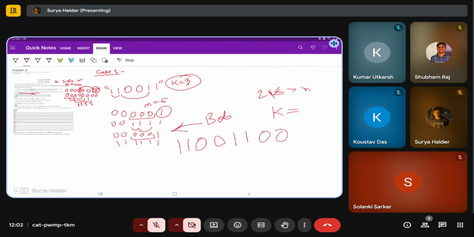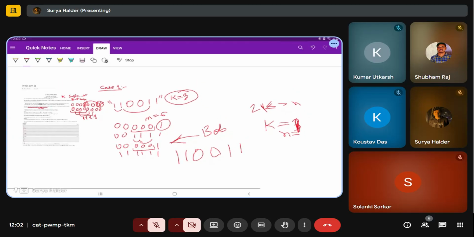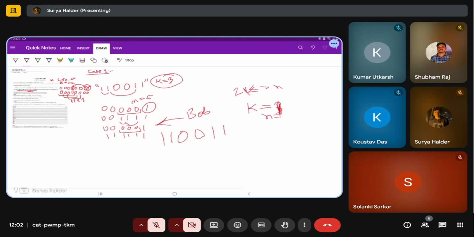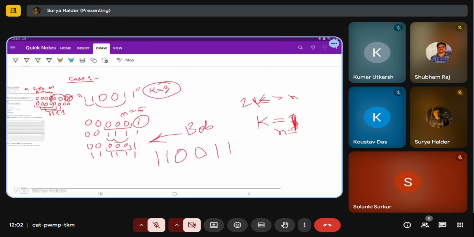So k is equal to 3 and n is 8. No, I need to choose something less than this. Suppose k is equal to 1. Okay, first let's break it up into cases and then come to this.